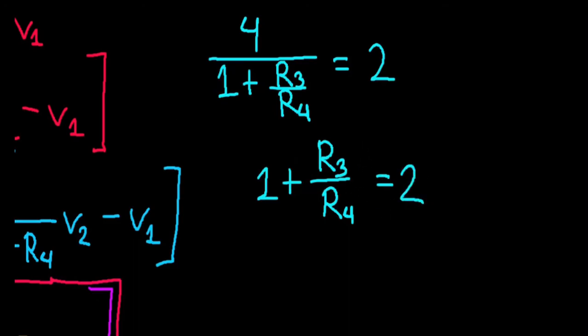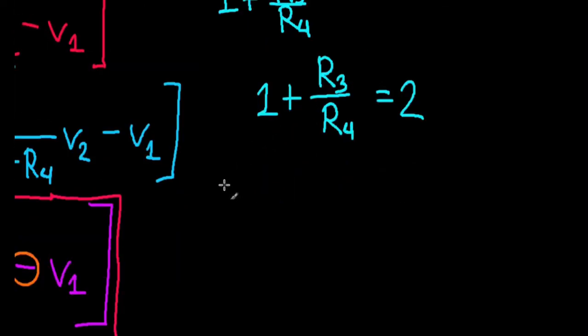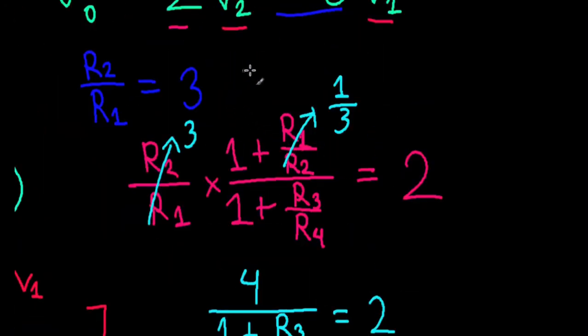Or, this is the important one. This is what we get at the end. The ratio of R3 and R4 needs to be equal to 1, or in other words, they need to be equal. Or in other words, R3 equals R4, and what we have right here is R2 needs to be triple of R1.